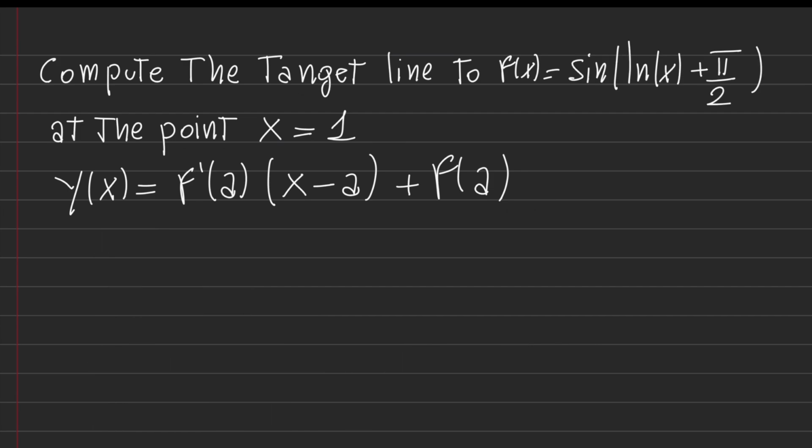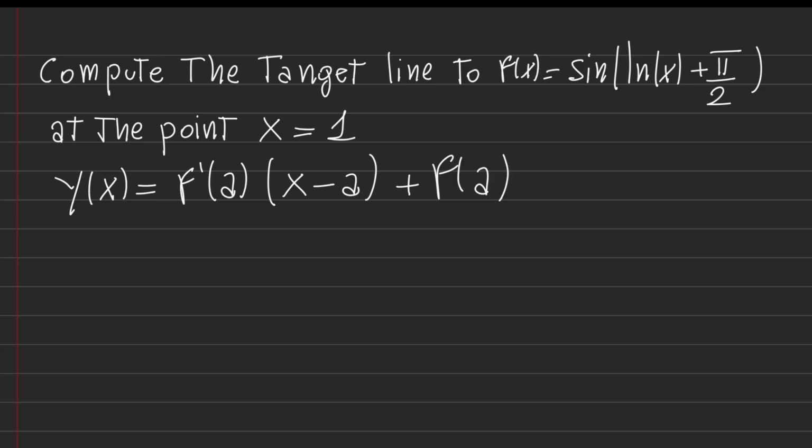As a last exercise of today's video, I'm going to compute the tangent line to the function f of x equal to the sine of the log of x plus pi over 2 at the point x equal to 1. The formula will not change, but the derivative is going to be slightly more complicated.